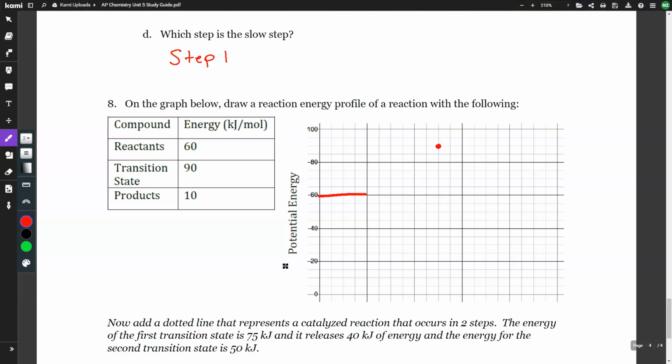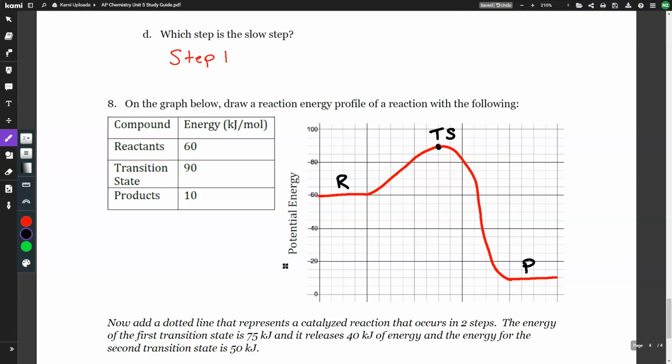And then the products are at 10, which is down here. All right, so let's go ahead and just kind of connect the dots here. Okay, I'm going to go ahead and label these. So we have reactants, products, and up here, this is our transition state.